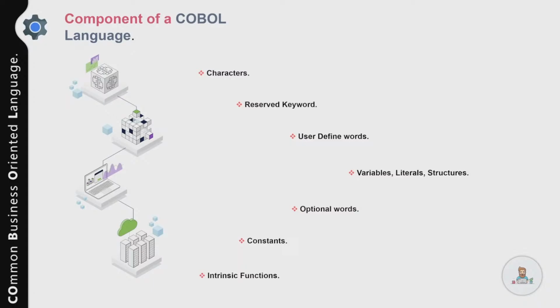Second one is reserved keywords. Then you have user defined words. Apart from that, you have variables, literals, and structures. After that, you have optional keywords, constants, and intrinsic functions. And with the help of these components, you can create the business logic of the COBOL program.